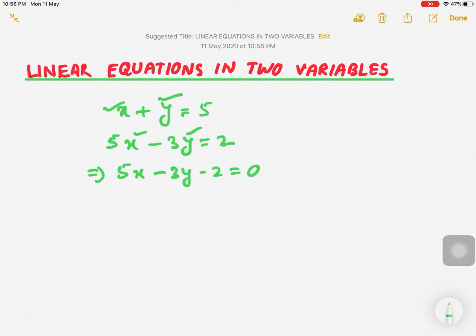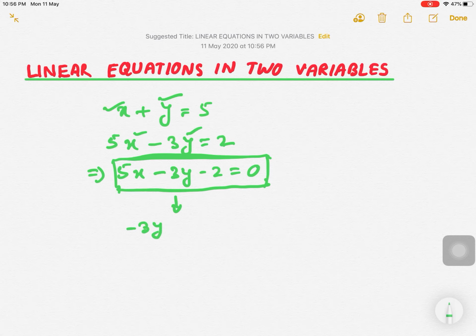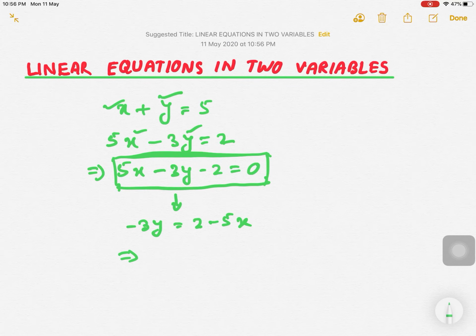Here, if we proceed further, you mark this. This is a linear equation in two variables. If I go on rearranging this, then I get minus 3y equal to 2 minus 5x, or 3y equal to 5x minus 2, or y equal to 5 by 3 x minus 2 by 3.